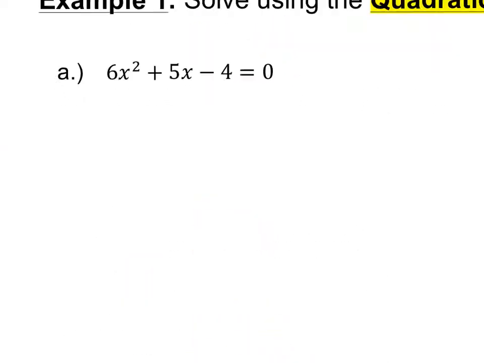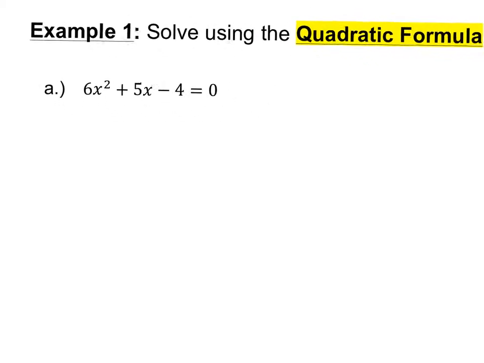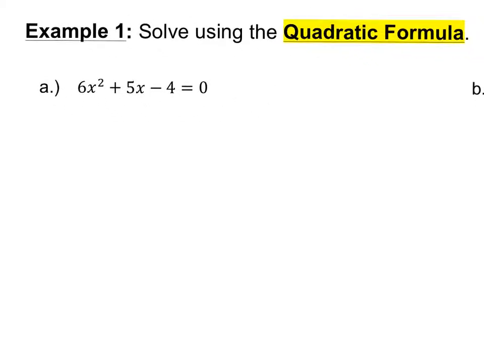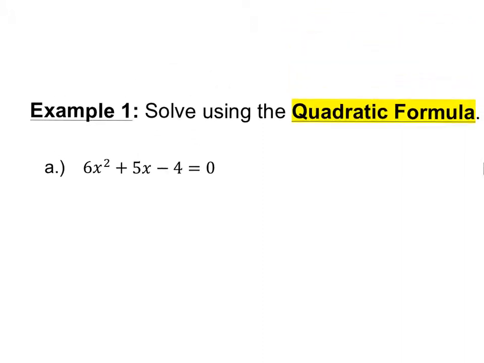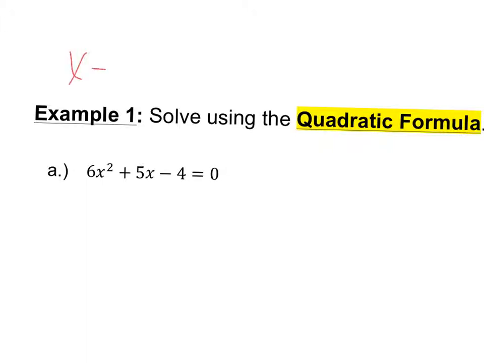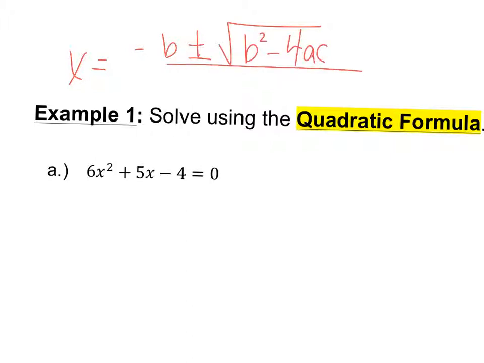So let's try this. It's asking you to solve using the quadratic formula. That means don't even try to factor. What is the quadratic formula? x equals the opposite of b, plus or minus the square root of b squared minus 4ac, divided by 2a. Cool.